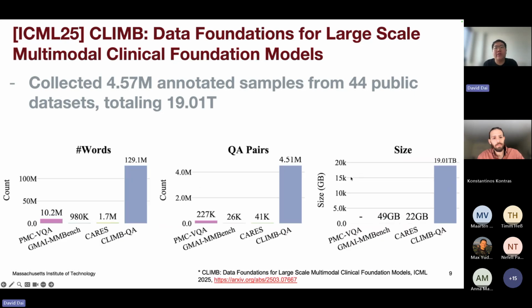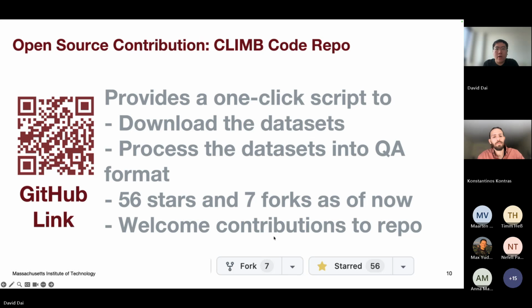You can see here it is one of the largest public datasets for clinical diagnosis, both in terms of number of QA pairs as well as size. We have a total of around 4 million samples and a total size of 19 terabytes. If you are interested in using this dataset as well, feel free to check out the paper linked on arXiv here. We also made a public code repo so that you can download many datasets and process them in one click, so you can train large language models with all this data with one script.